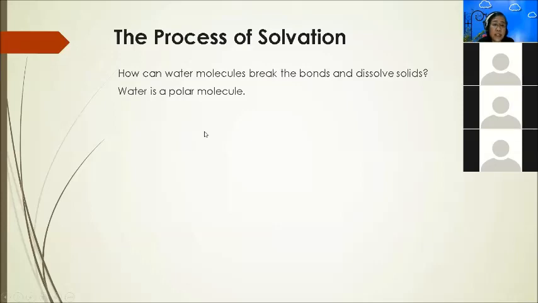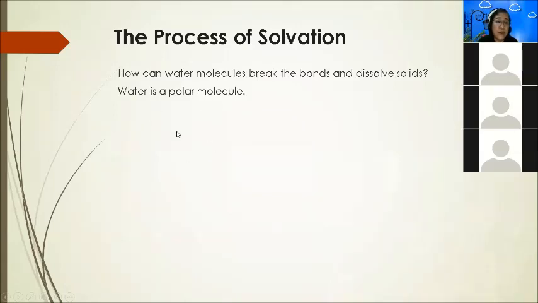So, water is a polar molecule. Last time, we talked about intermolecular forces, right? We talked about electrostatic attraction between positive and negative particles. But a water molecule is polar. That means it has a positive end and a negative end.